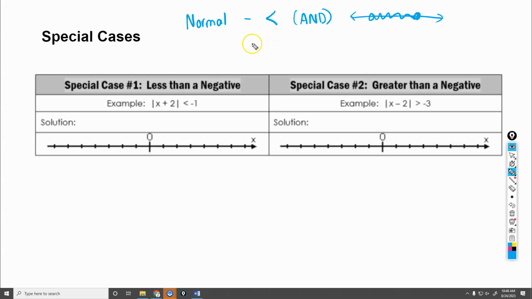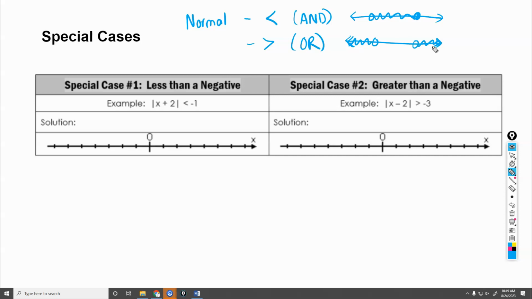And if I've got a greater than, which is an or problem, I usually have ones that go away from each other, right? That's the normal case. That's what the majority of your problems are going to look like. But there are some times that you get special cases. So let's look at what happens with those.